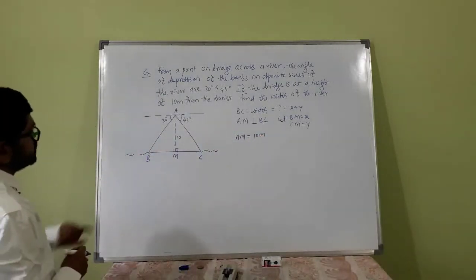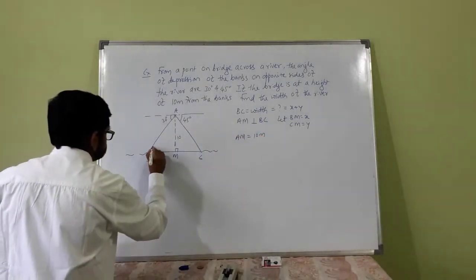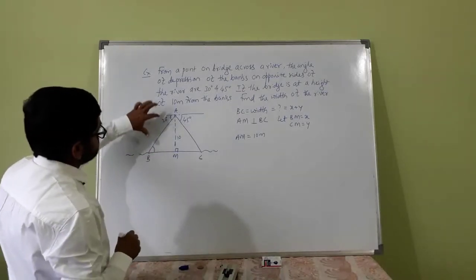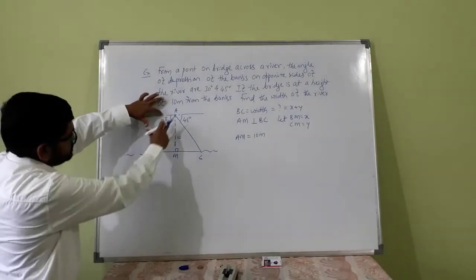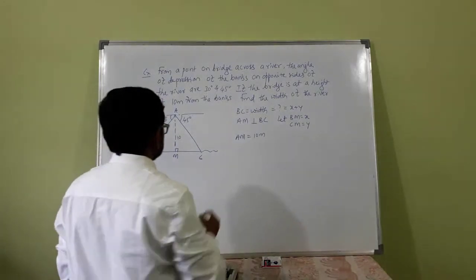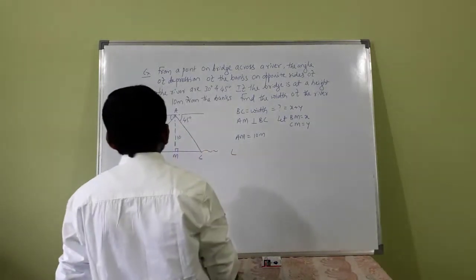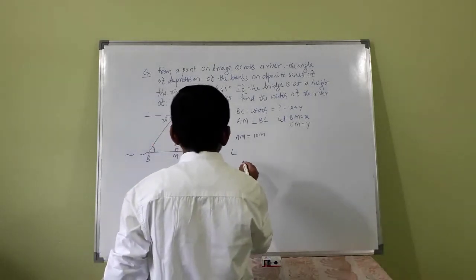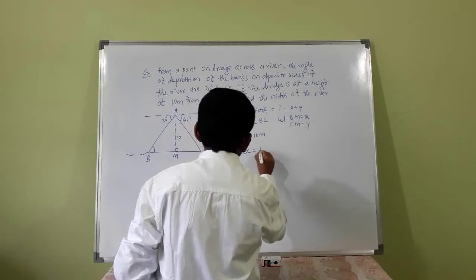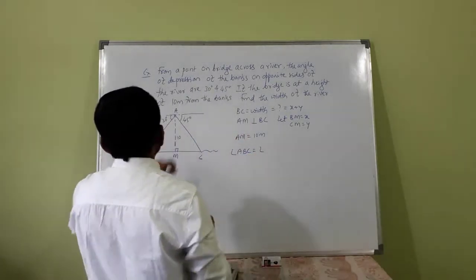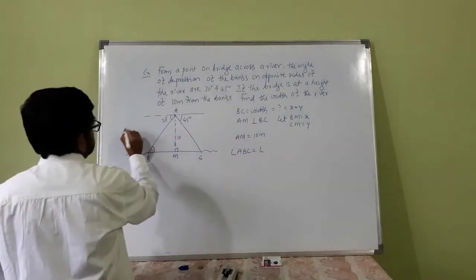Now what about this angle? See, this is an interior alternate angle, since these two lines are parallel. Angle ABC is equal to angle DAB.